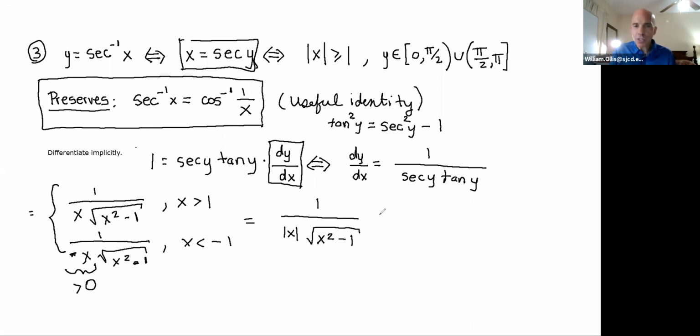And so now let's go ahead and fill this in. Now this took a little bit more time, but ladies and gentlemen, the only issue was dealing with this. Otherwise, we did exactly the same computation, no different whatsoever. So now this is actually the derivative of the inverse secant.